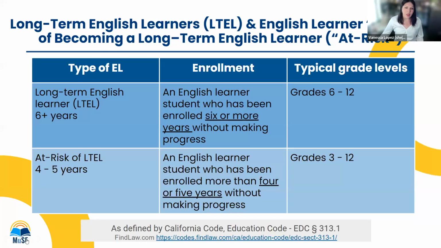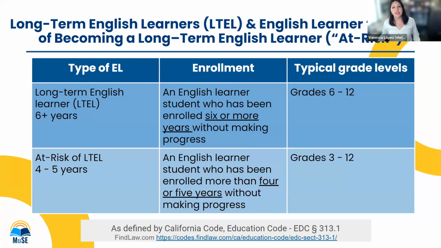Also, when you hear some of the terminology related to long-term English learners and those at risk of becoming long-term English learners, I think it's important for us to have at least a cursory understanding of what we mean when we say long-term English learner and LTEL. Not just see the acronym and not know what is attached to it.